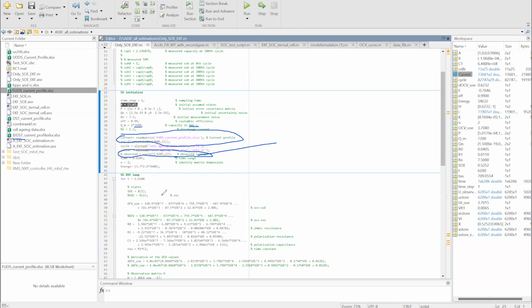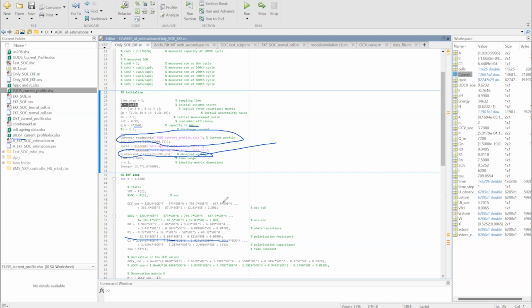Initially, when I talk about the mathematical model of the cell, which includes all your RC parameters, I'm going to represent them with polynomial equations.